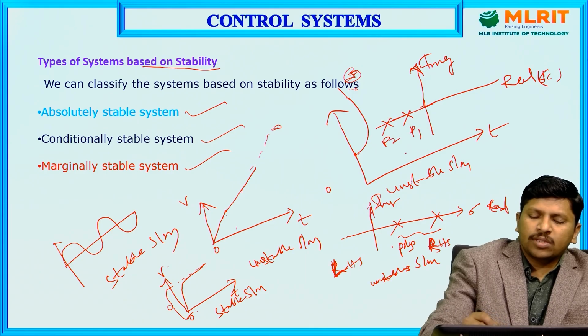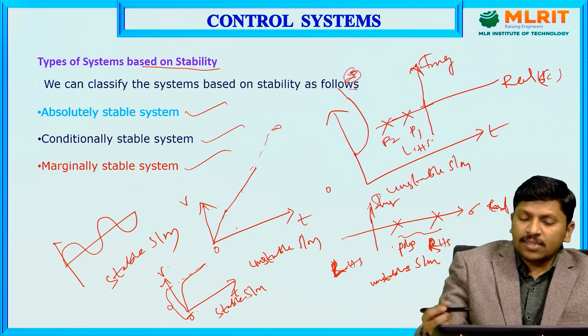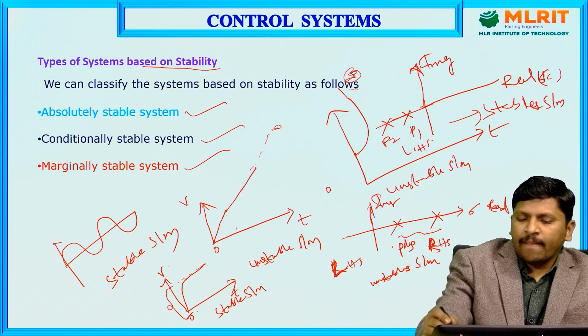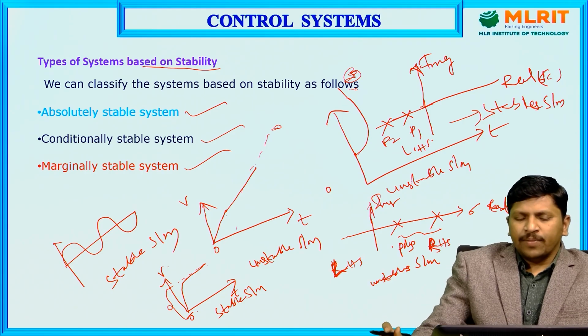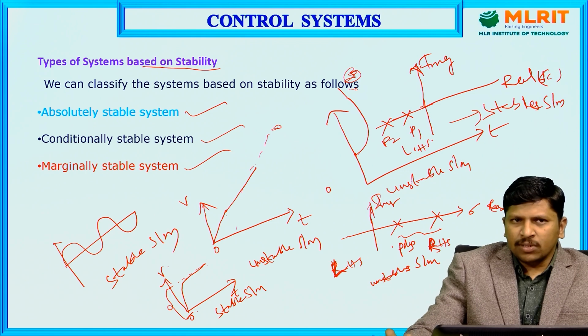These two poles are in the left half of the S plane. There is no pole present in the right half of the S plane, only two poles in the left half. These types of systems are stable systems. These are the representations of stable and unstable systems.